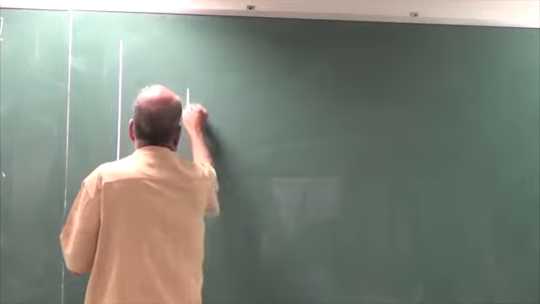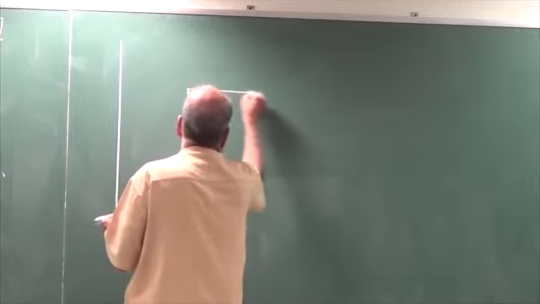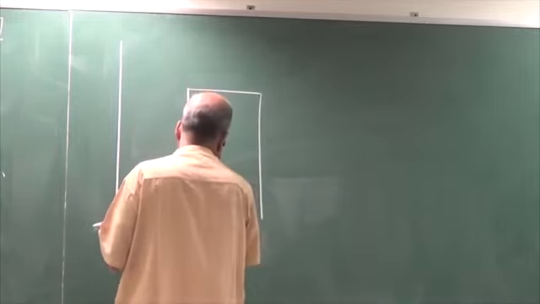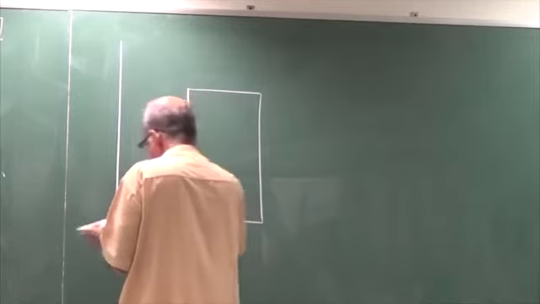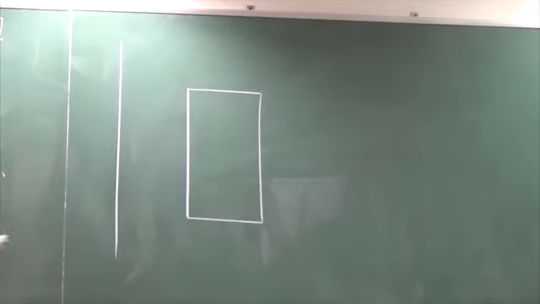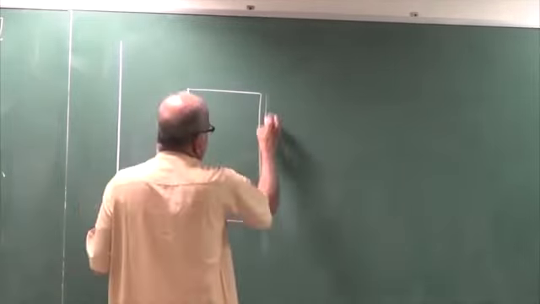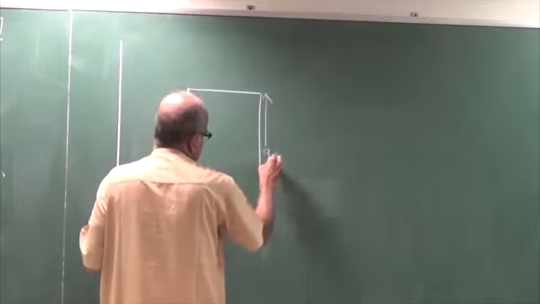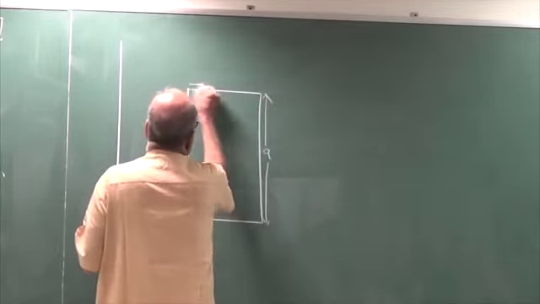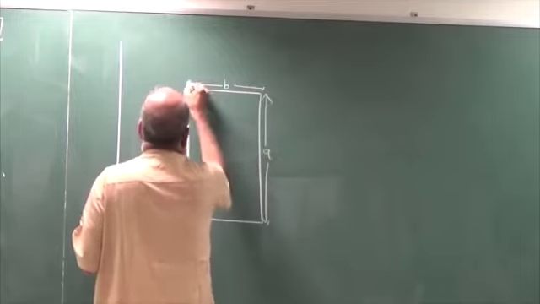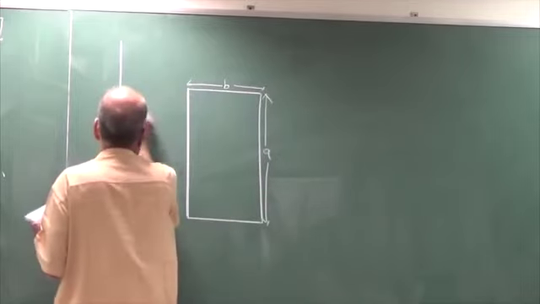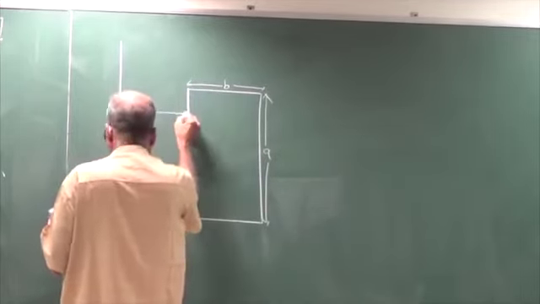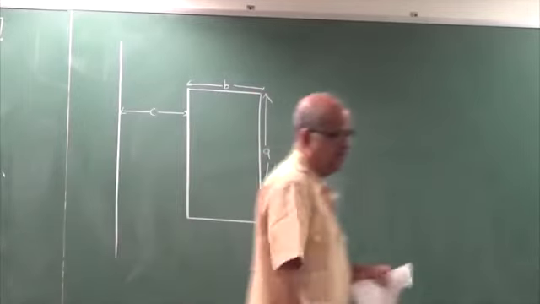There is a rectangular loop. What is the mutual inductance between them? We'll take the dimension of this and say this is A. This is B. We'll take this distance as C. Tell me how you can do this.